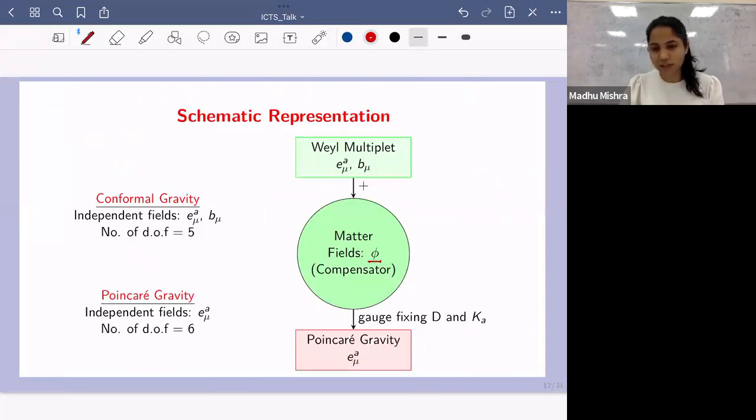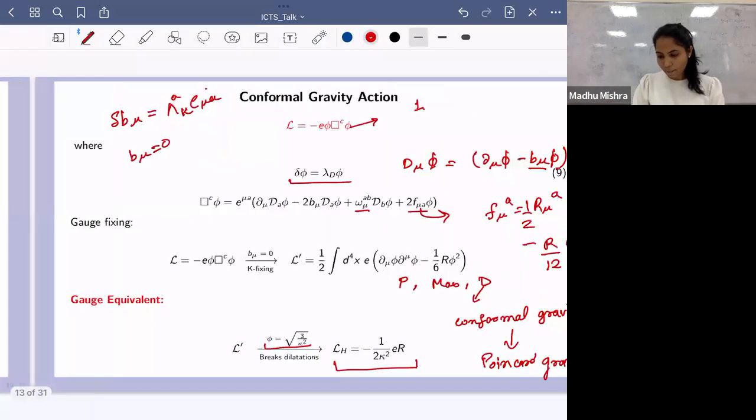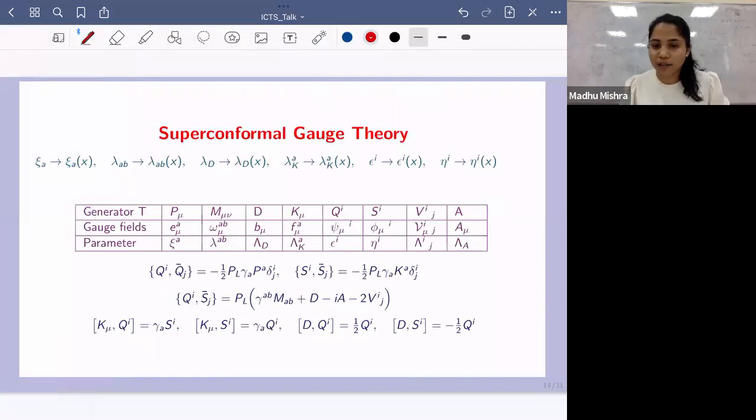We started with the Weyl multiplet, which has E mu A and b mu as independent fields. We added a matter field as a compensator, and finally we gauge fixed dilatation and special conformal transformation and obtained Poincare gravity. Is this part clear? Because now we are going to move to the supersymmetric construction.